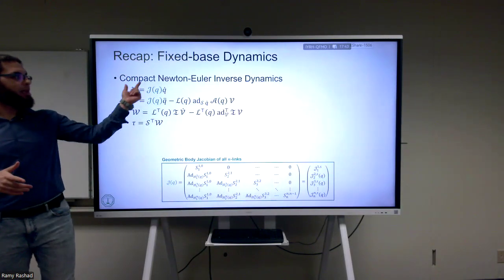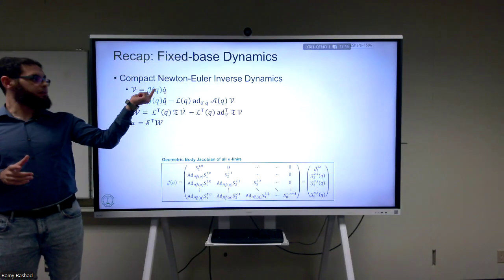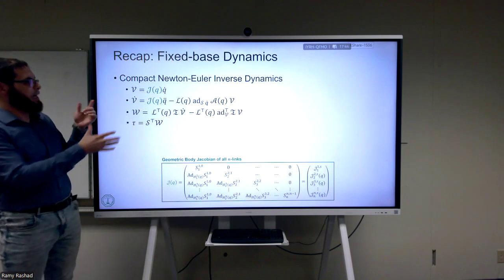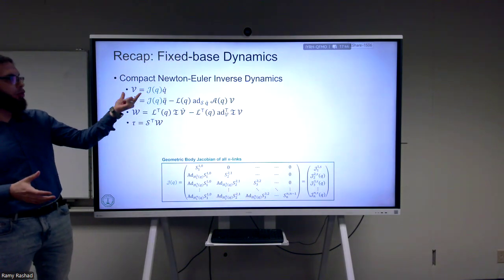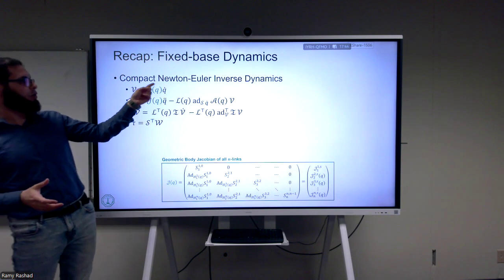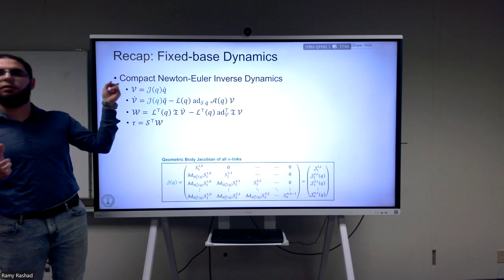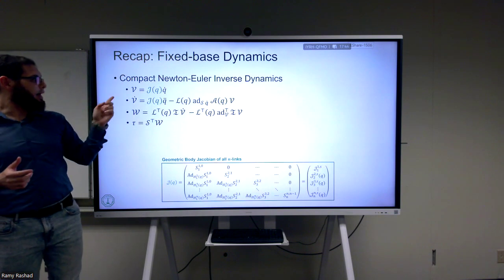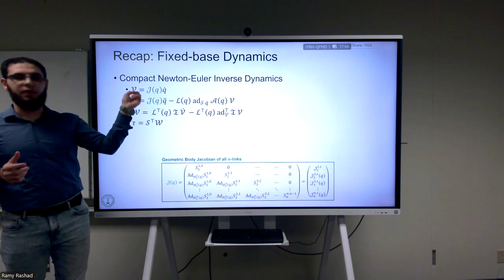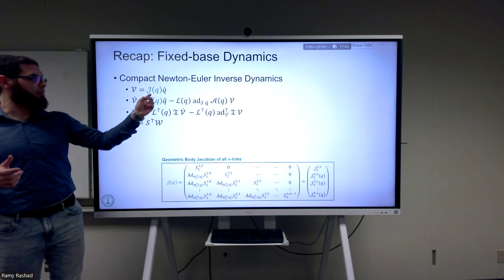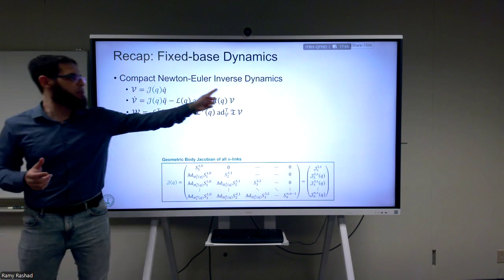And we just wrote the J in terms of this part, and you see it becomes very easy to look at this equation, because here I have V is equal to J multiplied by Q dot. Makes sense because J is the map from Q dot to the twists. V dot is the differentiation of this equation. So this is J multiplied by Q double dot. What do you think of this term?